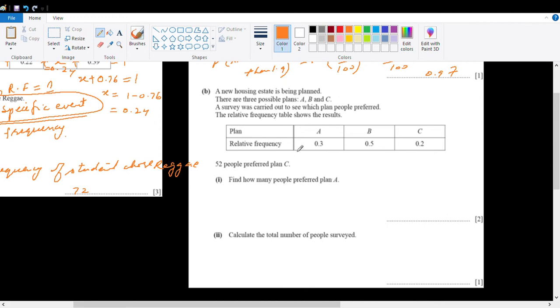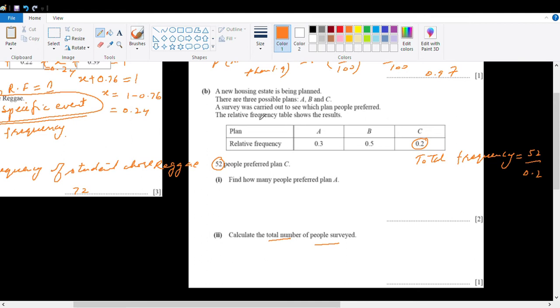And another thing is that whenever you divide the number by its relative frequency, you get the total frequency. If you memorize this, it will help you in getting the other things. Like here in this part, they say find the total number of people surveyed.